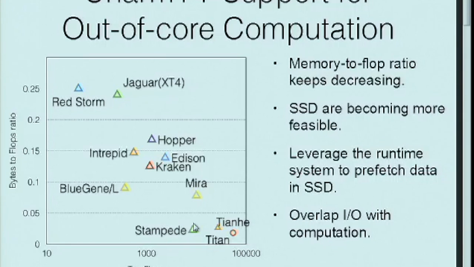You would expect more widespread use of SSDs. What we want to do is leverage the runtime system to prefetch data for computation tasks that reside in SSD. Meanwhile, we overlap the I/O activities with useful computation.